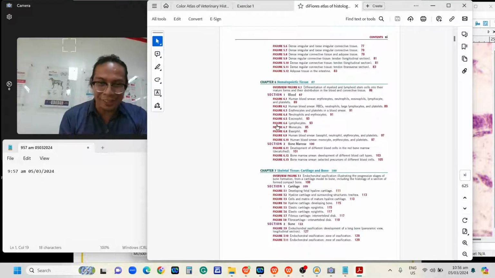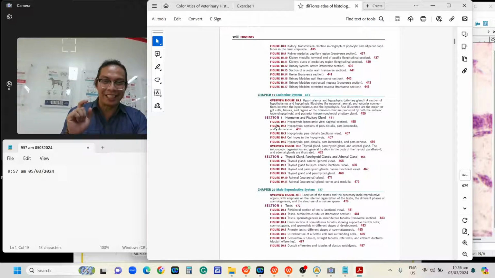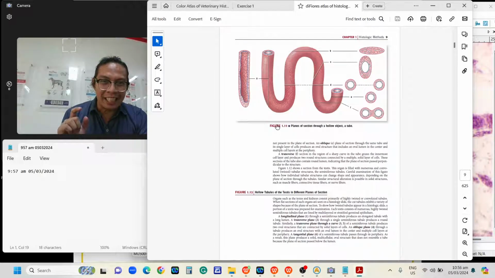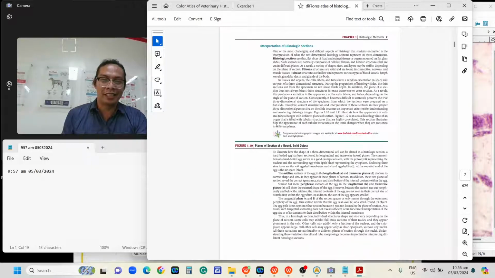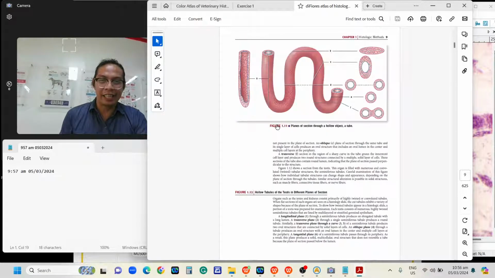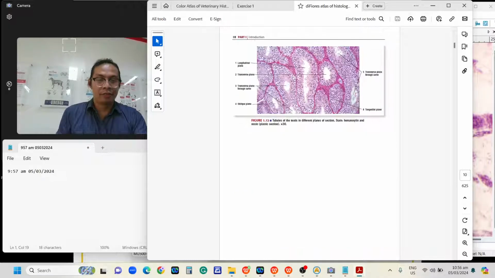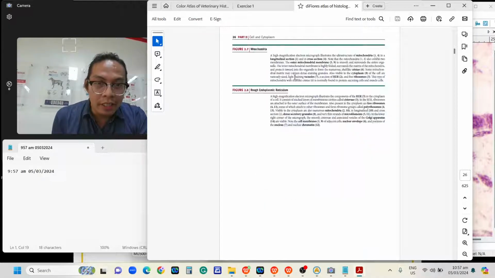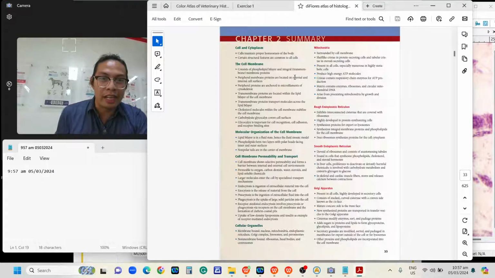Hindi yan ang inyong drawing, gamitin niyo lamang siyang guide. Ito, for example, this is a duct or a gland or a hollow object. Kaya ganito ang magiging itsura niya, magiging random kung siya ay coiled kapag na-section siya. Diba? So, magtingin tayo ng isang sweat gland.